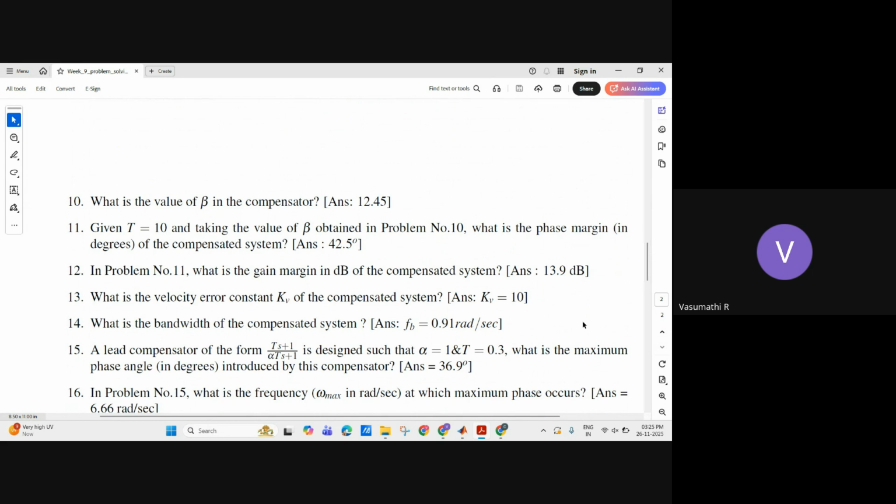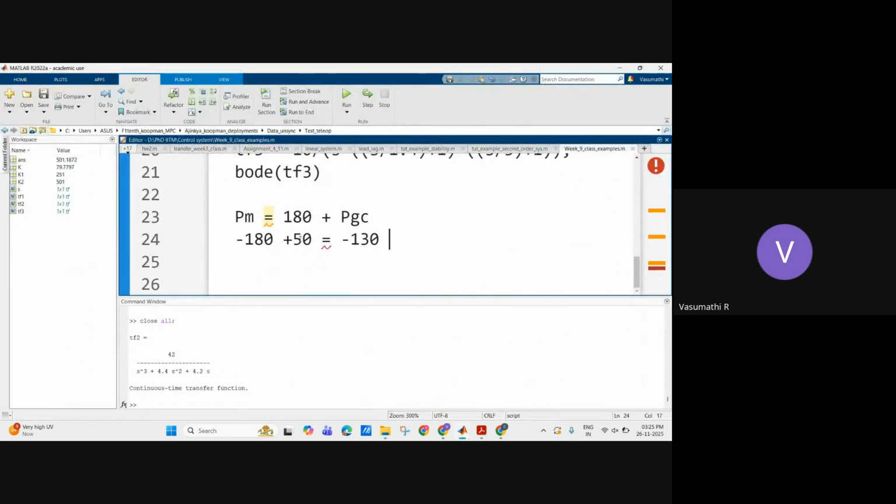The first way is using this formula, where the magnitude at your new gain crossover frequency, that is the new gain crossover frequency you designed for the lag compensator, is 0.7 as we found, right? And the magnitude in decibels corresponding to this frequency is 21.7.